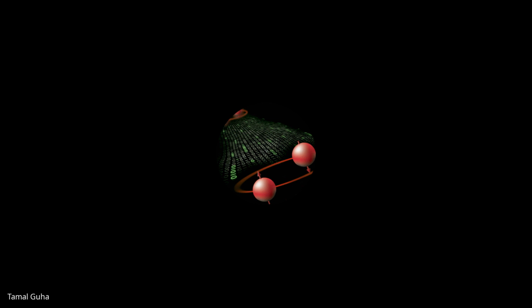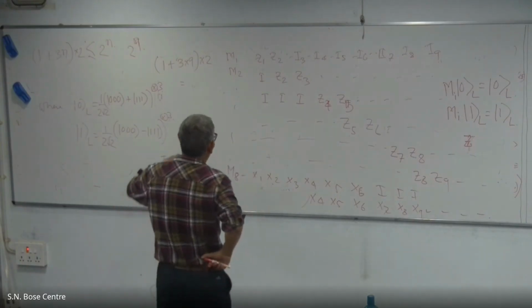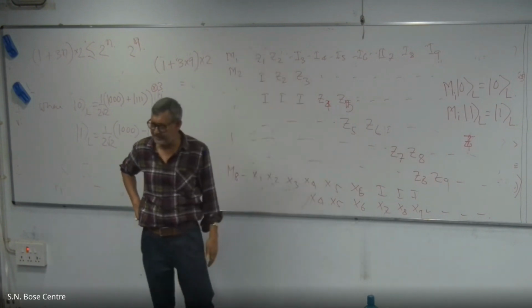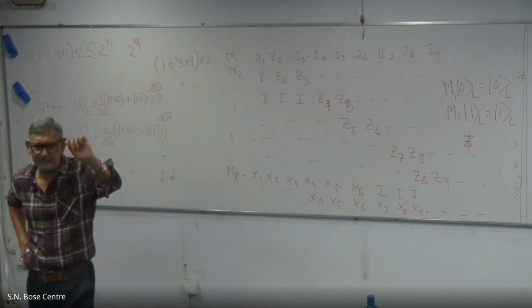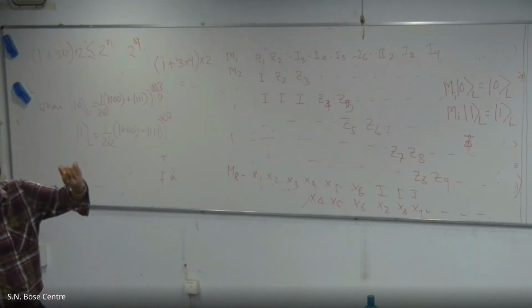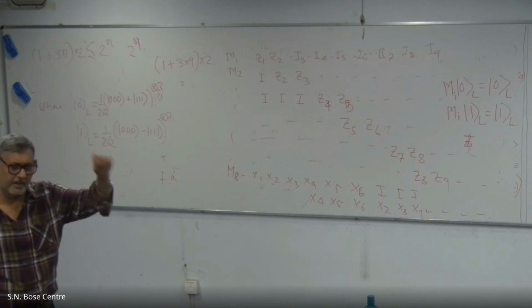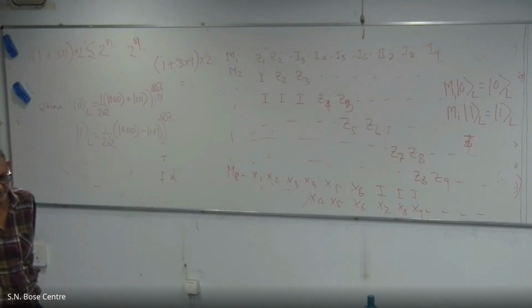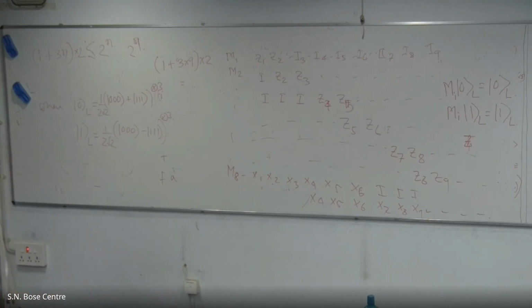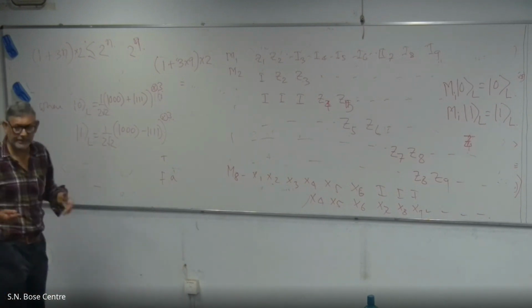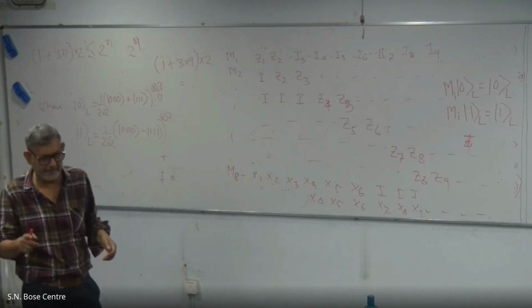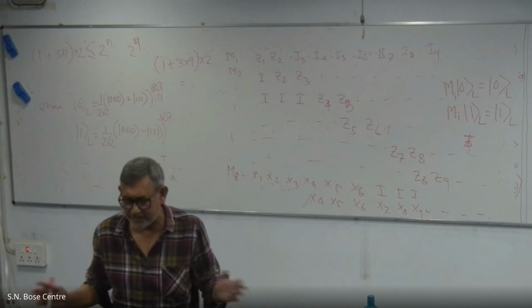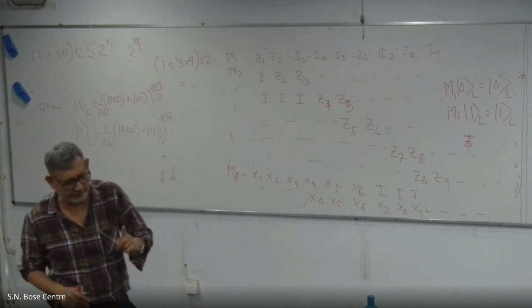So the main thing is, after passing through the channel, you perform the measurement of these operators. Looking at the different eigenvalues, from your list you will know which particular qubit has been corrupted, which corruption has occurred, and you correct it. So you start with A0 plus B1, encode it in A0L plus B1L, then pass it through the channel, which somehow guarantees that no more than one qubit has been corrupted.